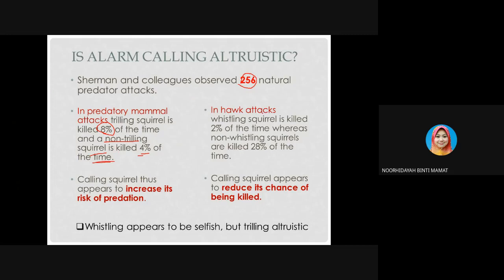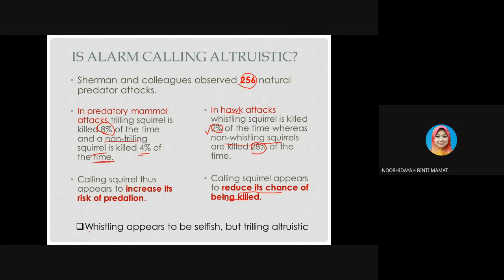And in the hawk attacks, the whistling squirrel, the squirrel that gives the whistling alarm, is killed 2% of the time, whereas the non-whistling squirrel is killed 28% of the time. So the calling squirrel appears to reduce its chance of being killed. If the whistling squirrel sees a hawk, it will give the alarm call because it will reduce its own chance of being killed, but it will increase the chance of being killed for the rest of the members.